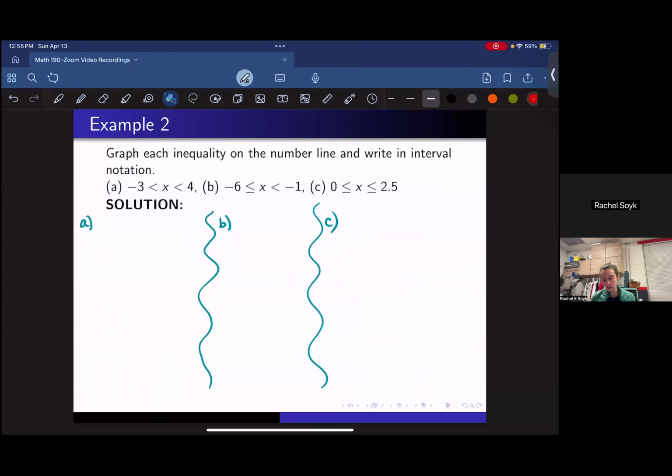All right, let's look at example 2. Once again, we're going to go ahead and draw out our number lines.